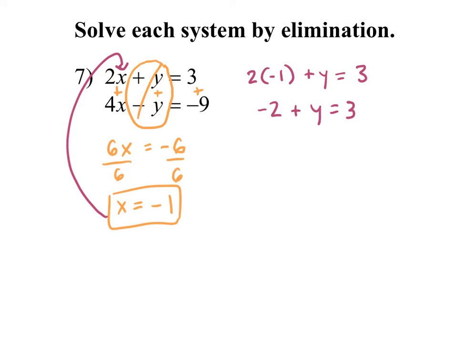Now what do we need to do to solve for y? Add 2. So y is equal to 5. So we got our answer for x and our answer for y, and we're done. Any questions on this one?